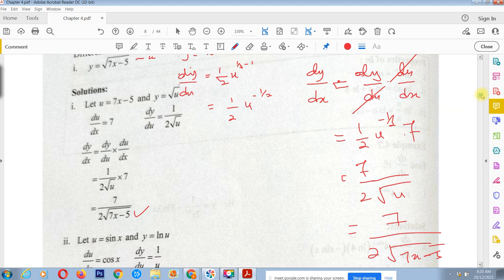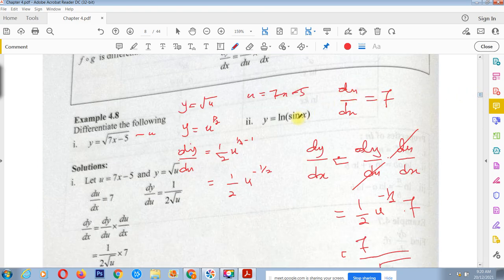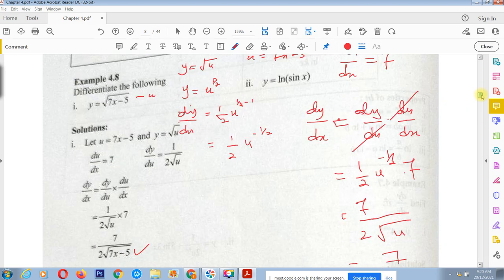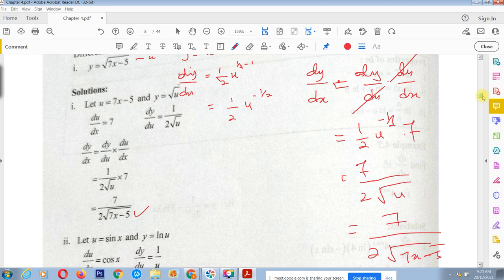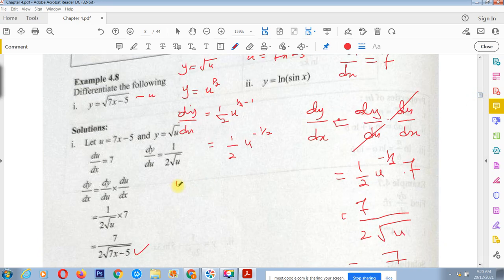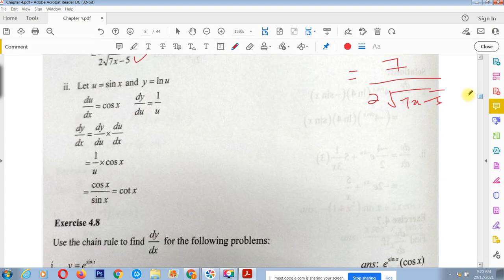This is similar to this example. We define first what is u here. u is sin x. So now y will be y equals ln u, so it's easier to deal.